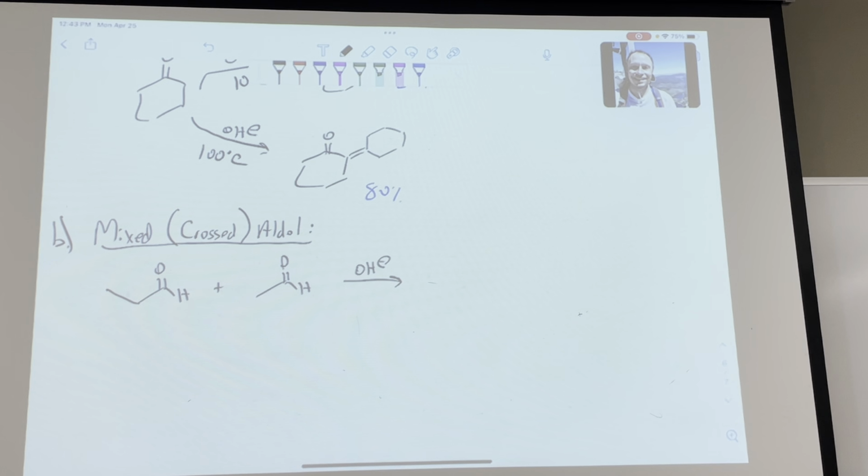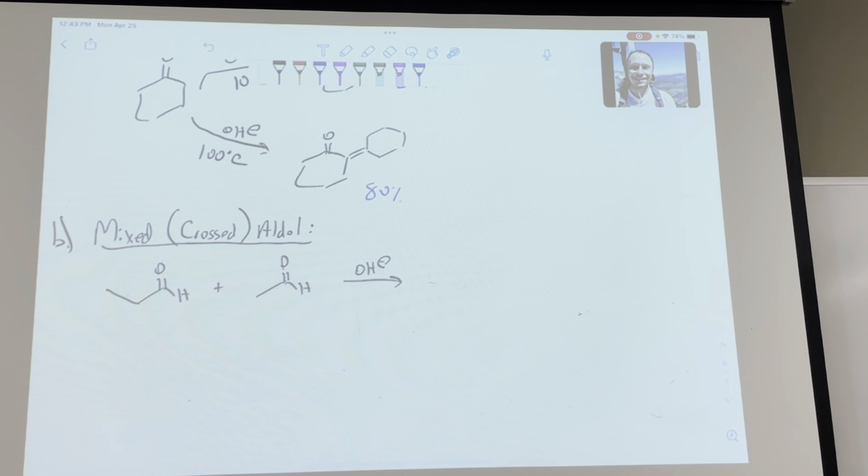Would this work well for us? Could we get a mixed aldol product doing this reaction as I've outlined here? Right, because you could make the enolate out of the 2-carbon aldehyde and it would attack the 3-carbon like you want.